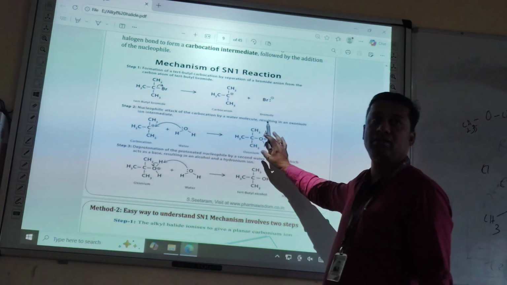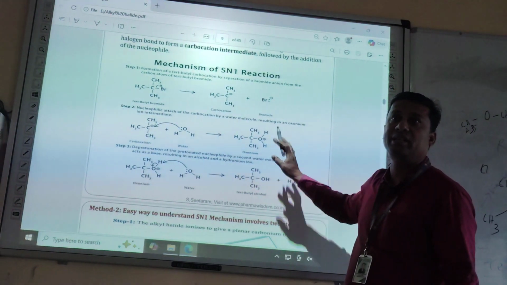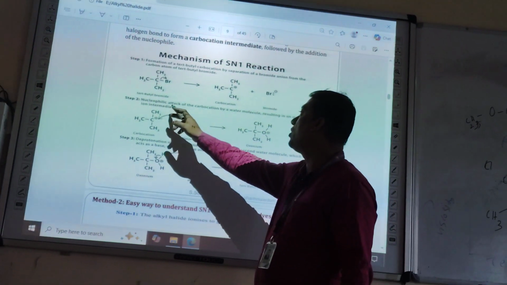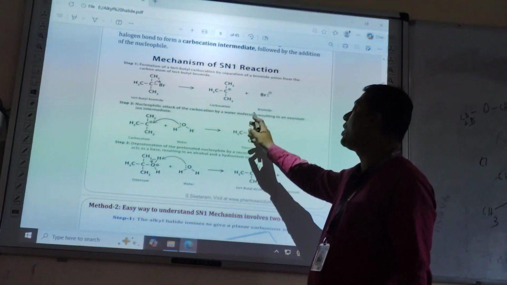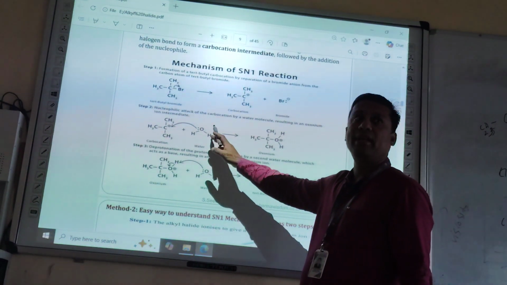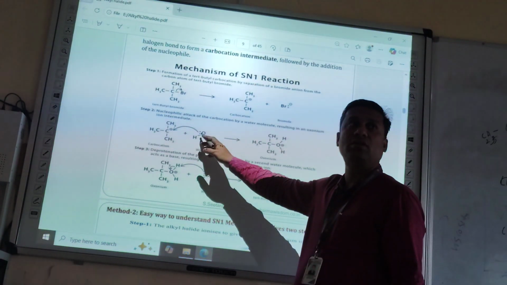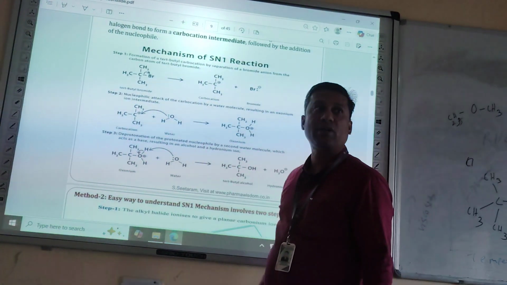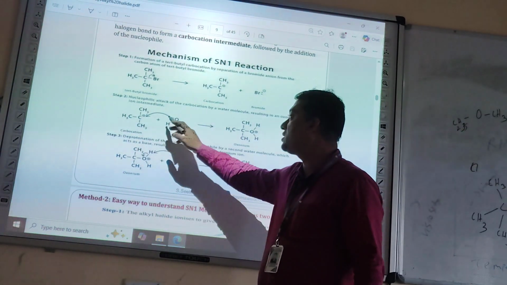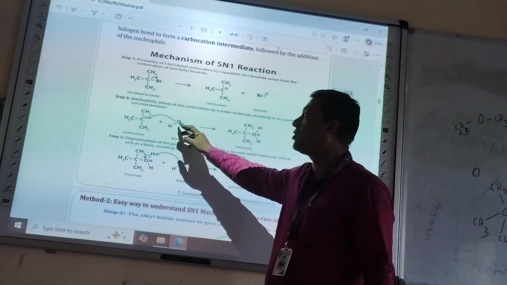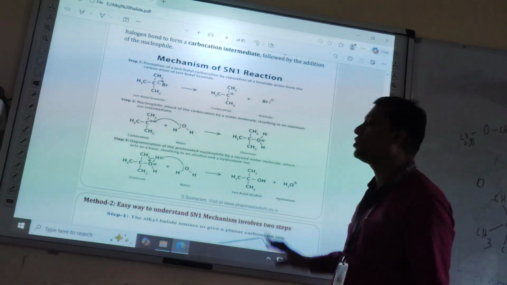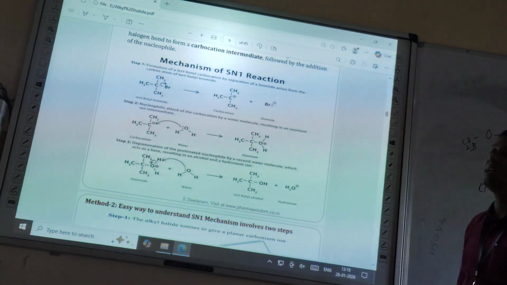How will it be formed? This is H2O, H on O. It contains a lone pair of electrons. The lone pair of electrons is a nucleophile. It will attack the carbocation, the central carbon, and form the oxonium ion. This constitutes step 2.